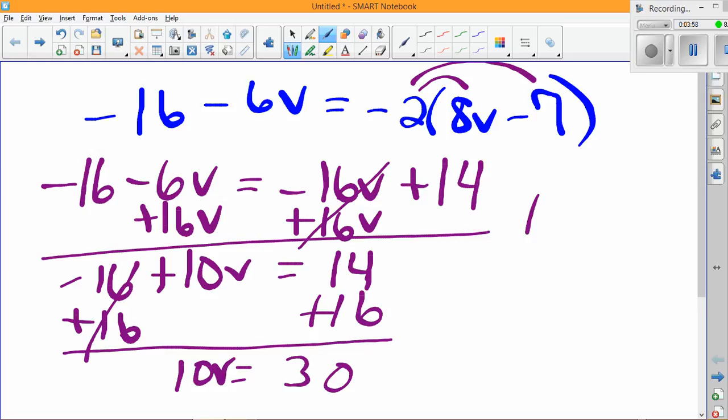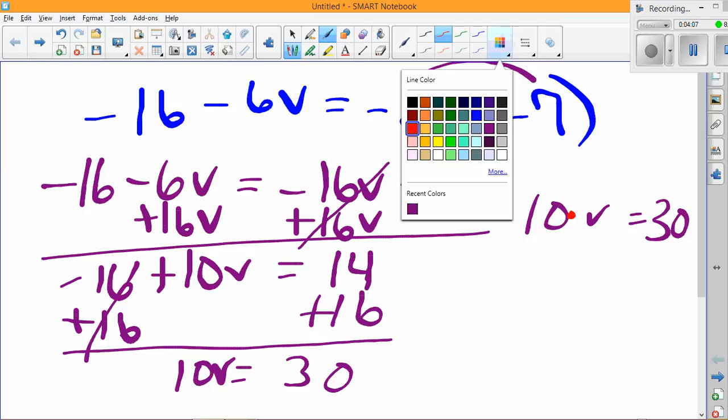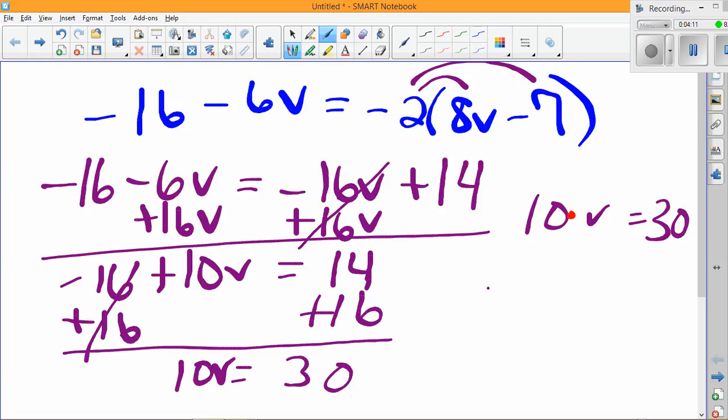Now, since I have 10v equals 30, I'm going to rewrite this so that I have a little more room. We actually know that this is the same as saying 10 times v. However, we don't write that multiplication sign in there because it would get very tedious. So the inverse operation of multiplication is division. So this time we're going to divide both sides by 10 because we want to get that v all by himself.